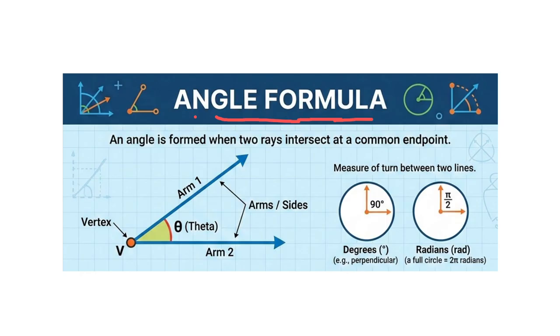Before that, let's understand how an angle is formed. What are the different entities involved in angle formation? An angle is formed when two rays intersect at a common endpoint. Let's say this is one ray and this is the second ray.